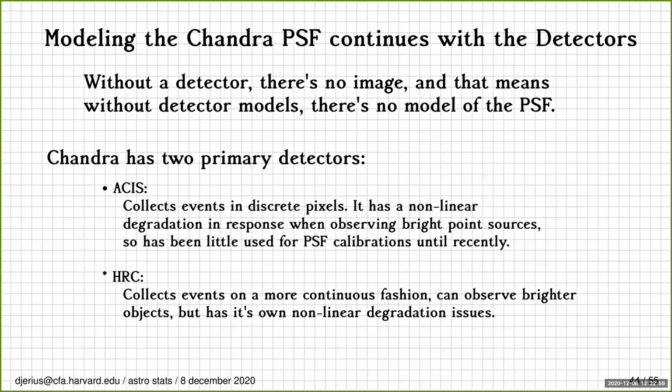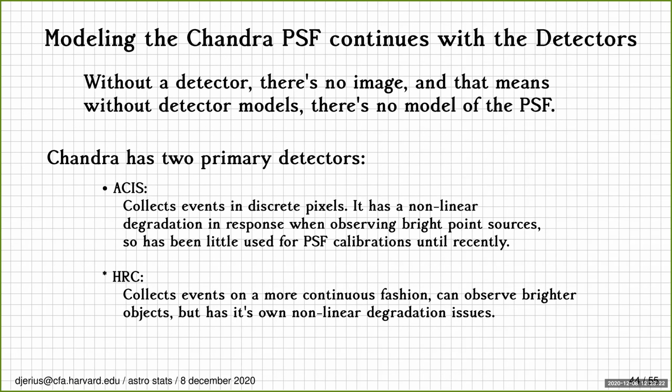So I've spoken a lot about the optics. I can move on now. We have detectors as well, and we have two primary detectors. One of them is essentially like the CCDs in your cameras, where you get these square pixels and you get photons in there and they generate events and we know where they are.